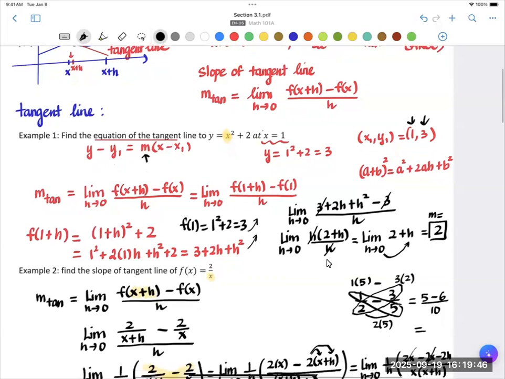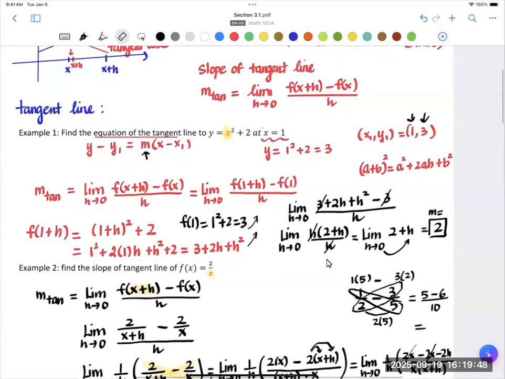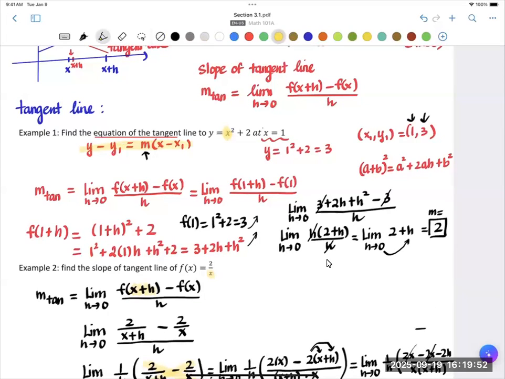Now we're going to put into our formula, which is y minus y1 equals m times x minus x1. So y minus our y1, which is 3, equals m, which is 2, times x minus 1.